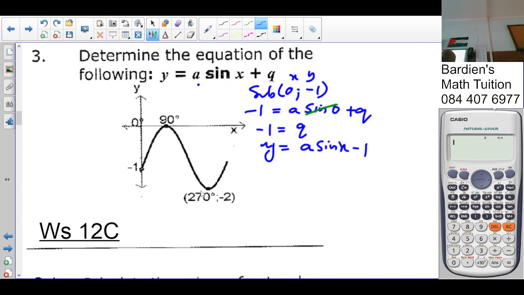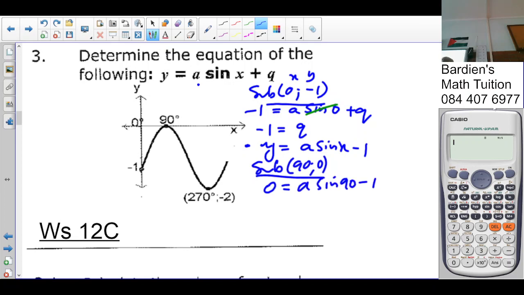You see here I don't say equation 1 and equation 2. Why? Because I just have one unknown there. Then I sub it back into the formula. Now we substitute 90 and 0. This is again an x and a y. So it's going to be 0 is equal to a sine 90 minus 1.